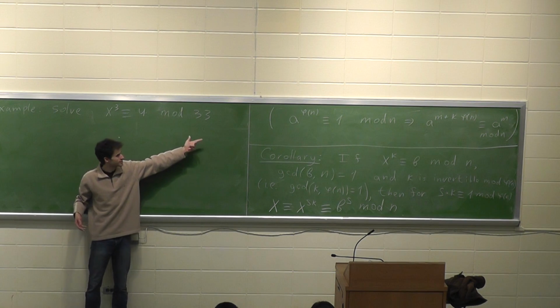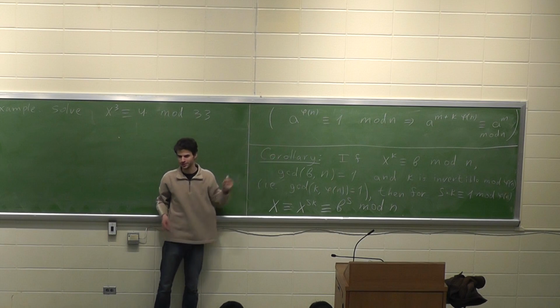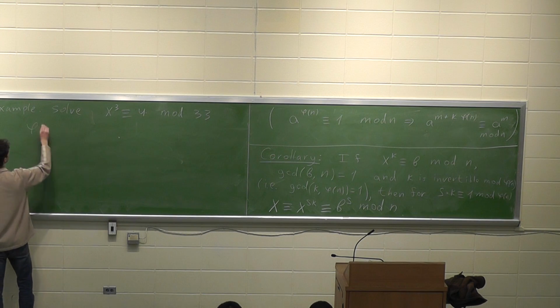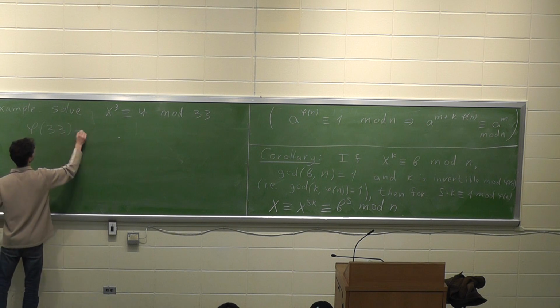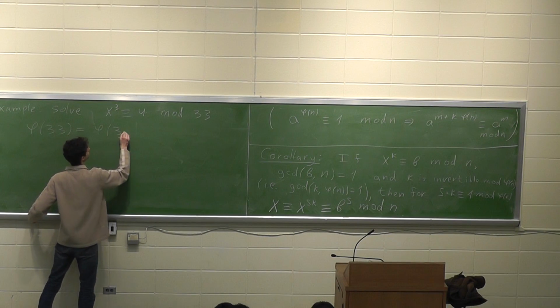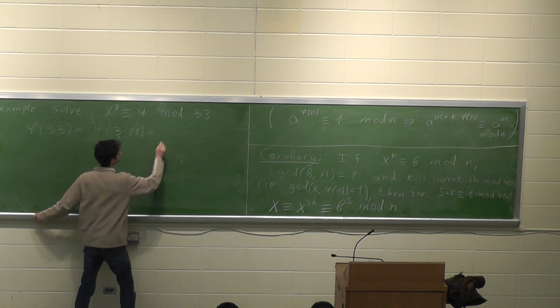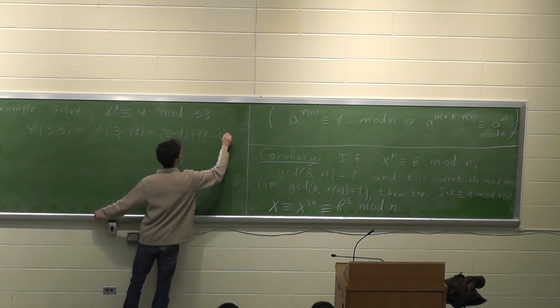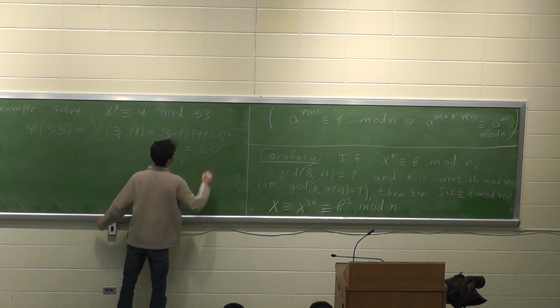You just know that it's extremely important. So the first step is to compute phi of 33. In this case, it's very easy. 33 is 3 times 11, so it is (3 minus 1) times (11 minus 1). So it is 20.